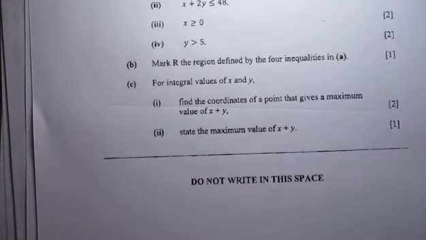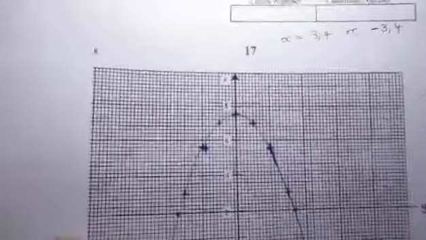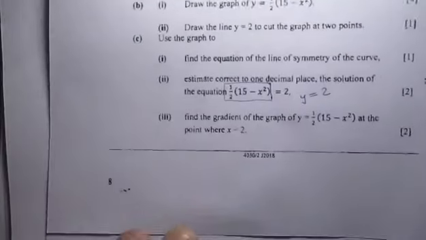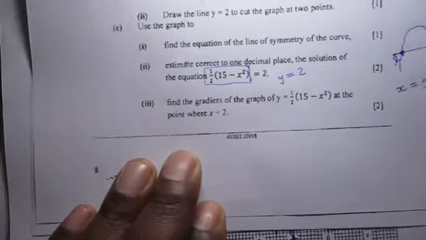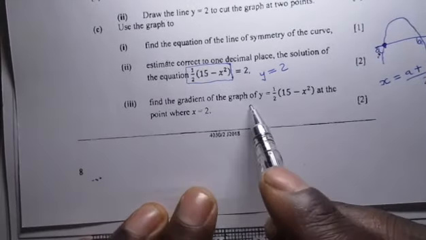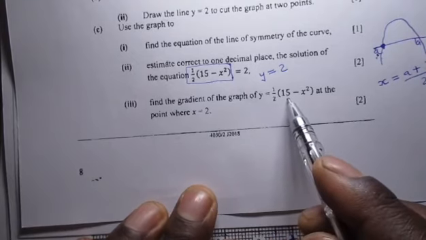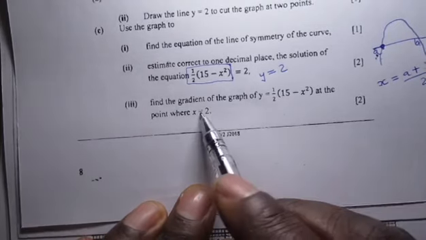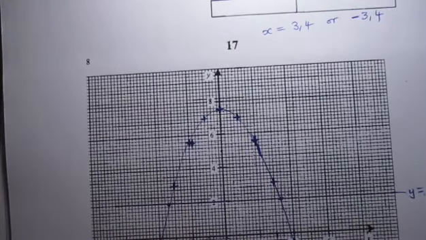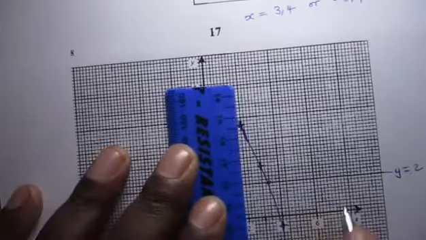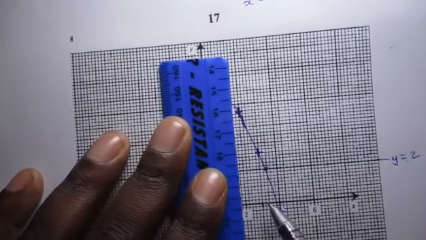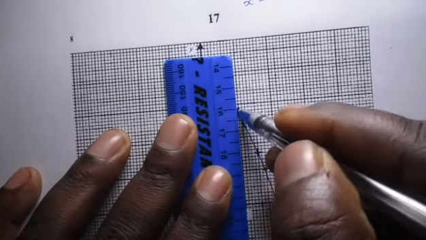Then we move on to part 3 of the question. It reads, find the gradient of the graph of y equals 1 over 3 open bracket 15 minus x squared at the point x equals 2. You draw a vertical line first from x equals 2 heading towards your graph.